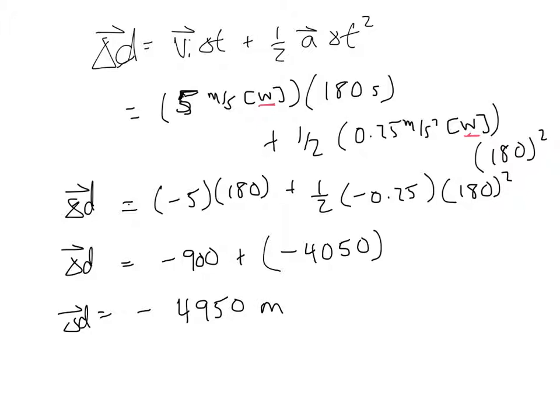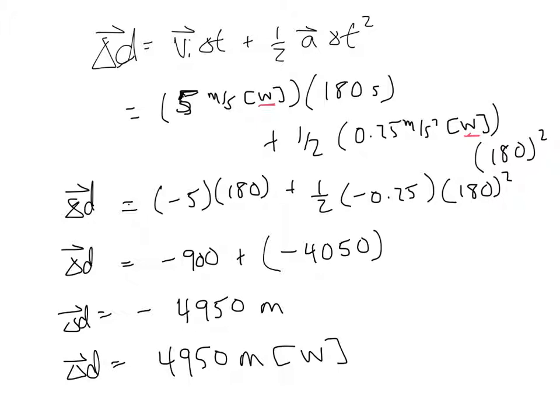Now, because the question was given in vector notation, I don't really want to leave it in this algebraic notation with the negative sign. I know that negative means west, which means I can finish the question by saying the displacement is going to be 4,950 meters to the west.